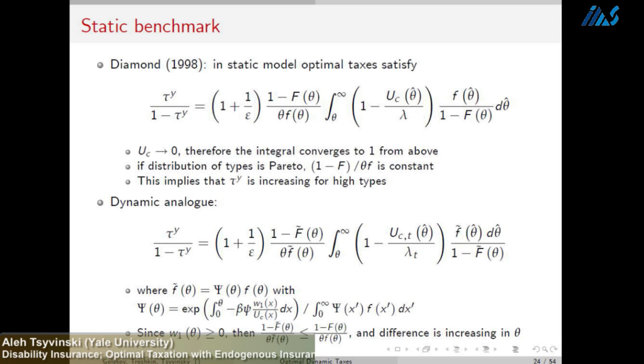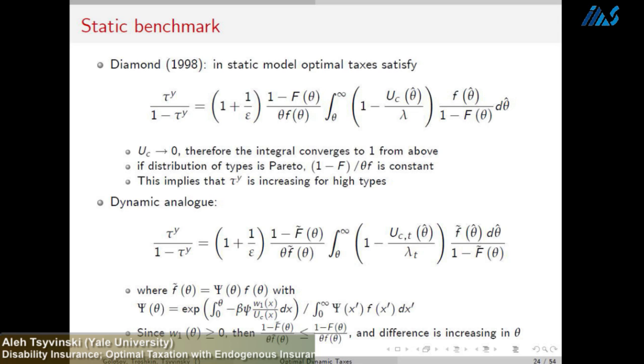So here I assume uniform Pareto weights. If you want, you can just forget about this part and just assume Rawlsian. Then the tax would be a bit lower. Yeah. But again, in the limit, the planner doesn't care about these guys, about the very high types. So that's why this term just drops off.